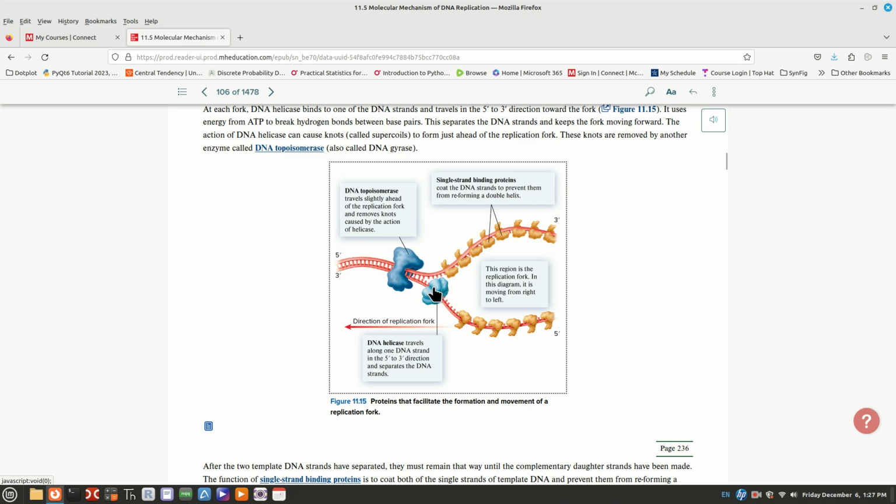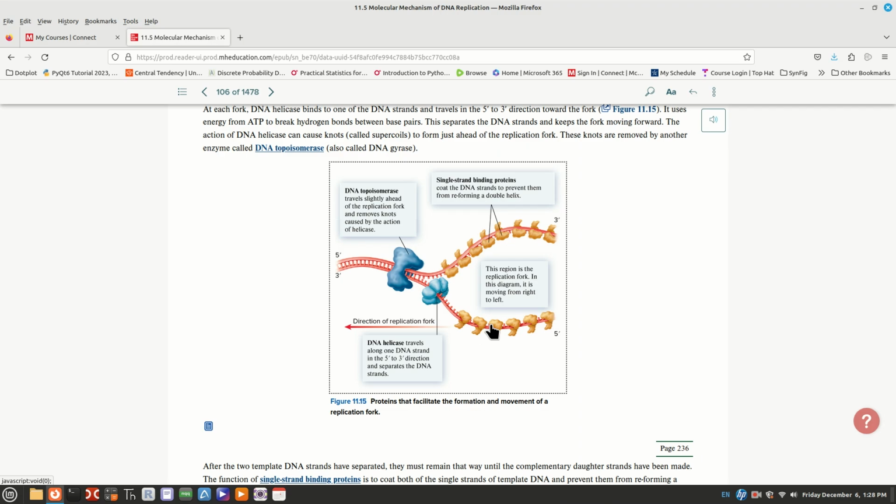That's what helicase does. And then you can tell me that single-stranded binding proteins are going to bind and keep the fork open so that these 2 don't come back together, so the other proteins can work on it. These are not going to interrupt what's going on. They're going to be there, but you're not necessarily going to draw them on the future pictures. They're going to be there holding it open so the others can work.